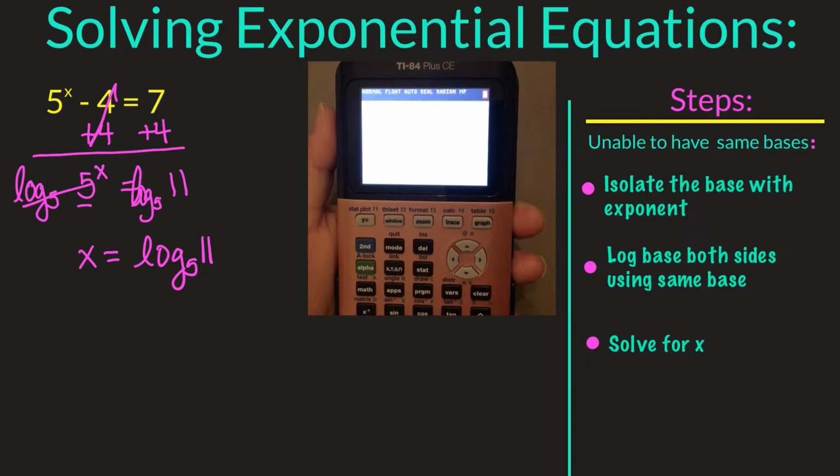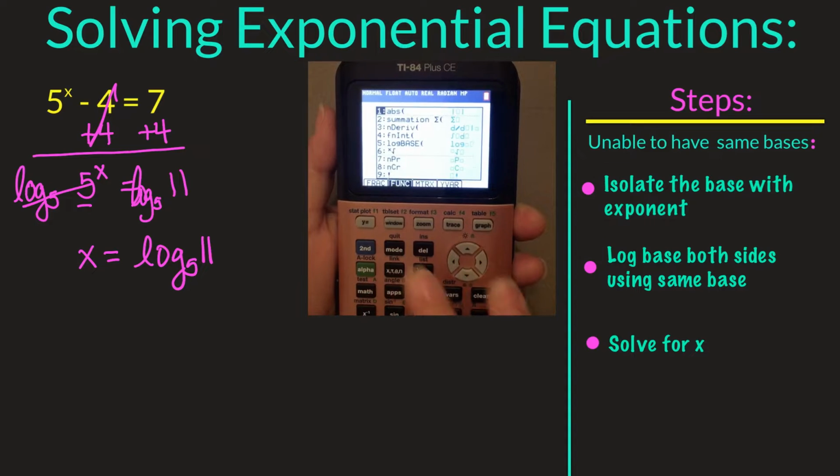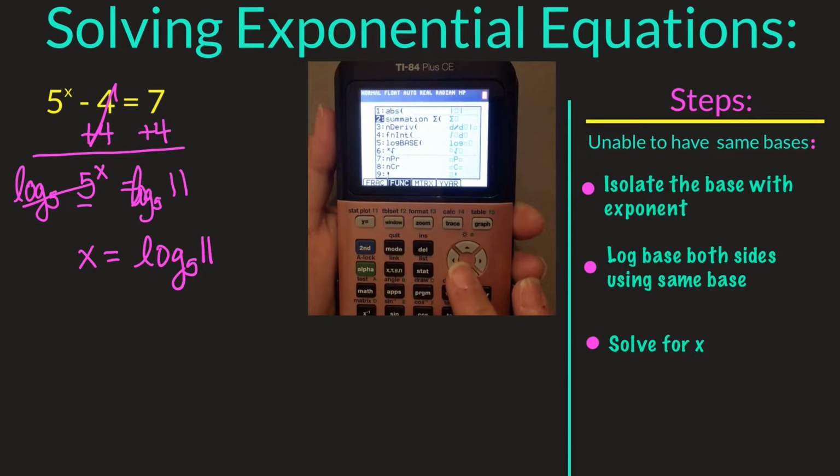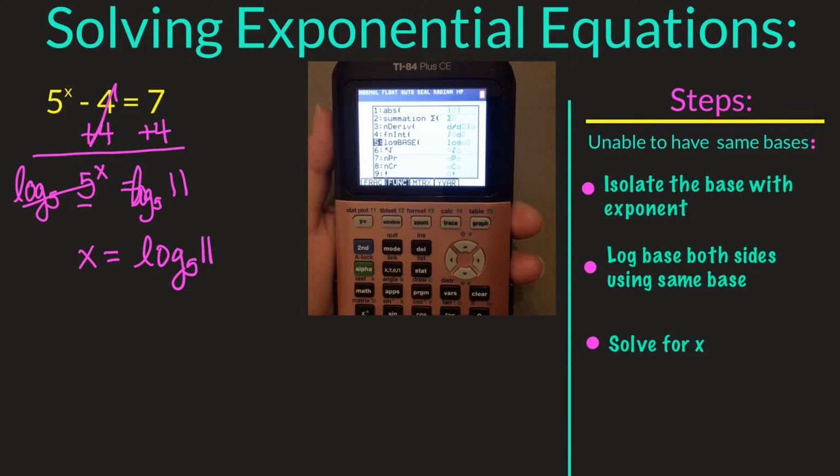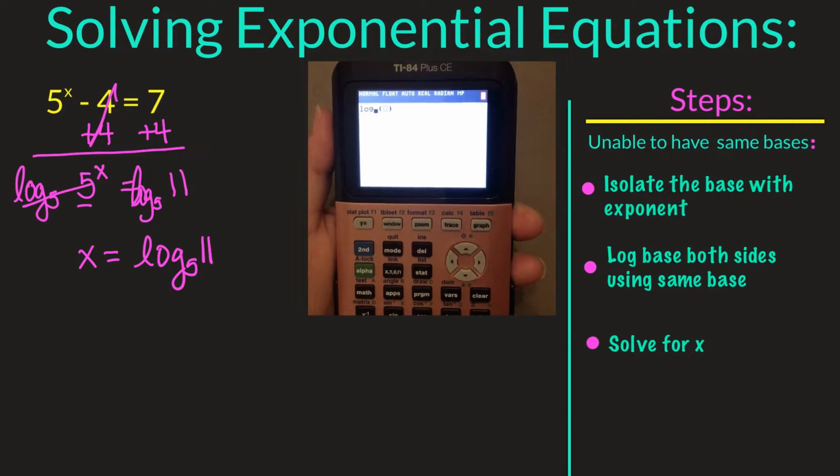Okay, so let's see how to do this on the calculator. To do this in your calculator, you're going to go to Alpha, Window, and then at number 5, you can see where it says log base. You're going to go to number 5, hit enter, and now you can enter the base as 5, and then scroll over and hit 11, and then hit enter.